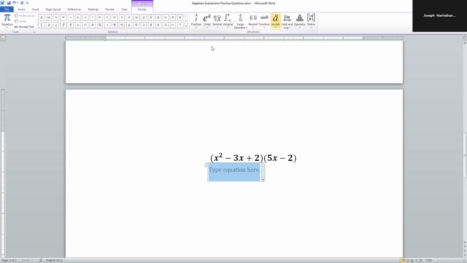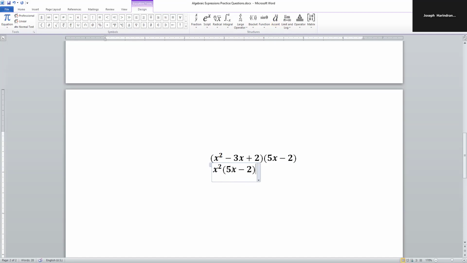Again, we do this. Now we have to simplify the brackets. Just remove the brackets. How do we do that? We multiply x squared with 5x, which gives you 5x cubed.